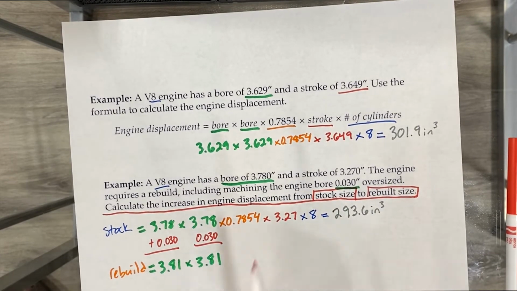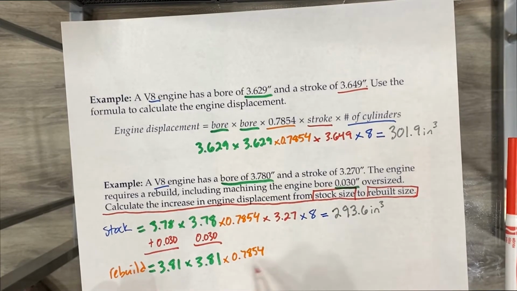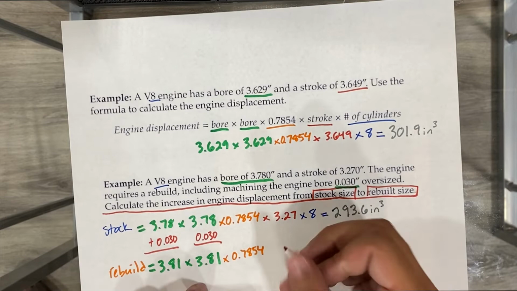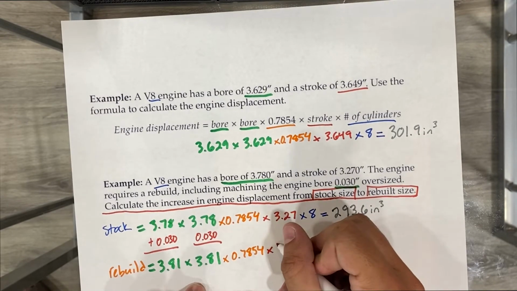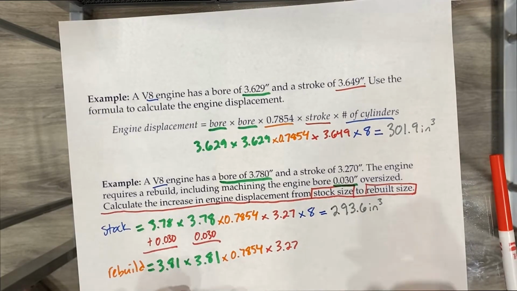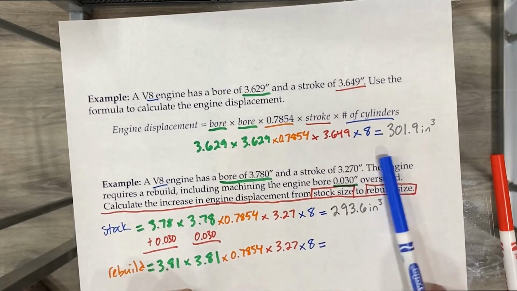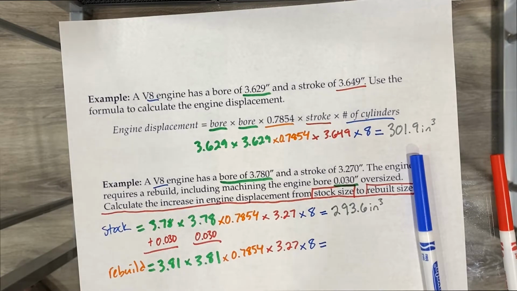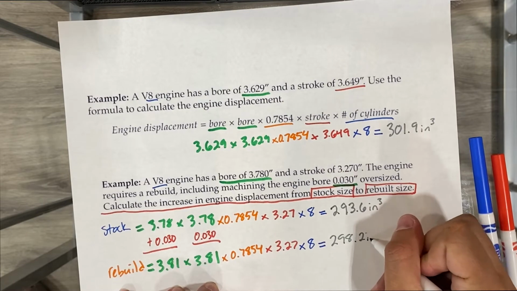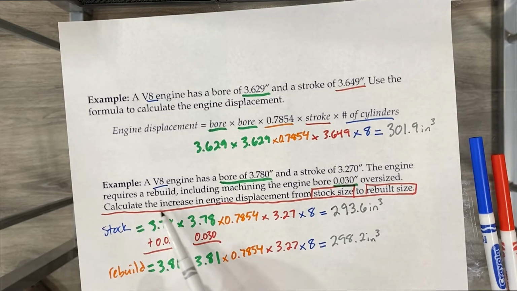And then the rest is just going to be exactly the same as it was before. 0.7854. That's our pi divided by 4, which allows us to calculate the area of a circle, which is part of the calculation being performed in this overall problem. 3.27 for our stroke, and then since it's a V8, we're going to multiply by 8, and in this case, that is all going to equal 298.2 inches cubed.